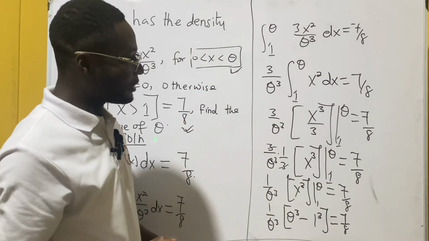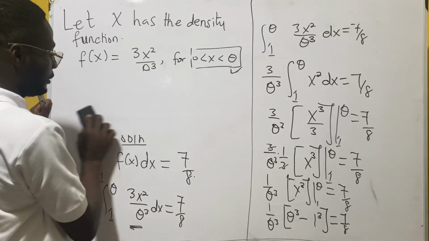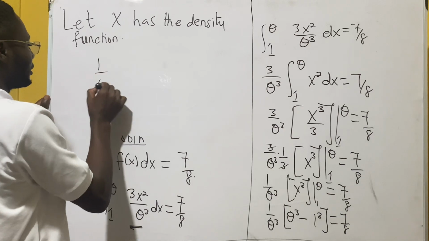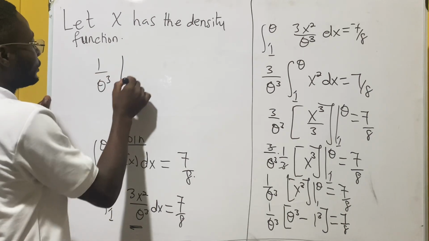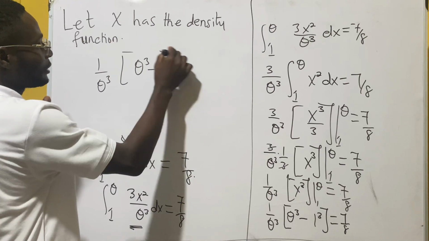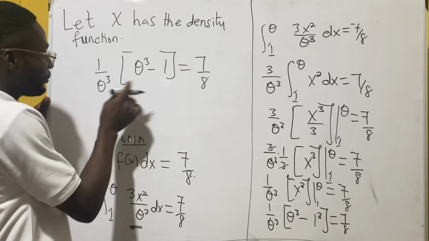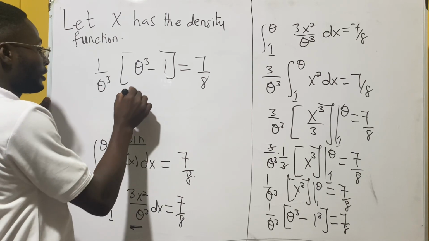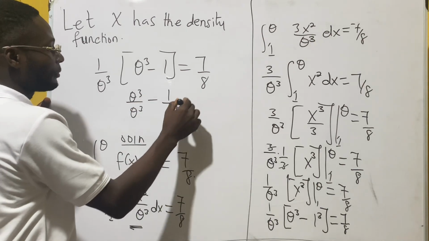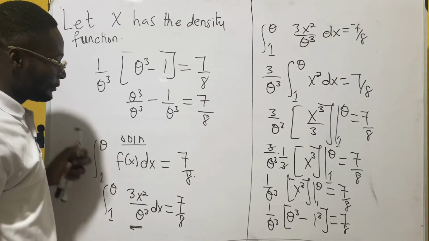So this is basically equal to 1 on theta cubed into theta cubed minus 1 cubed, which is 1, equals 7 on 8. So here we are going to have theta cubed over theta cubed minus 1 on theta cubed, and that's equal to 7 on 8.